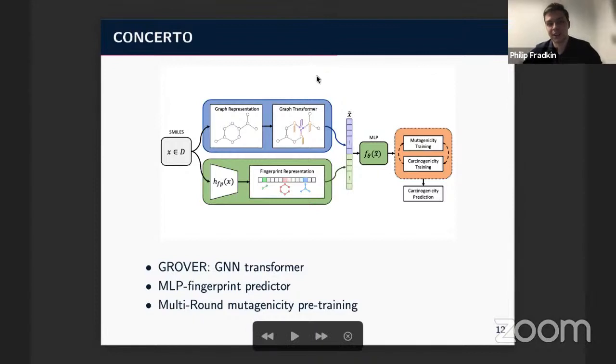So now this is a high-level overview of our model. We call it Concerto, and it has 3 main parts. The first of which is Grover, a graph neural net transformer. The second is an MLP, multi-layer perceptron, fingerprint predictor. And then finally, we train this with a multi-round mutagenicity pre-training objective.